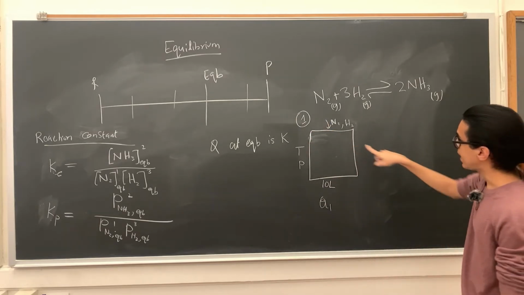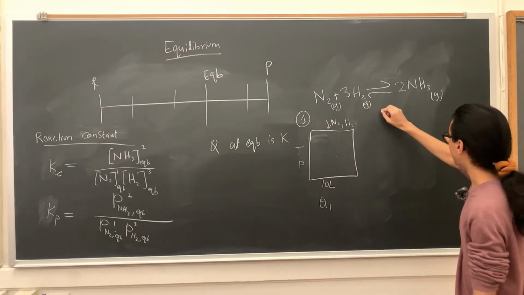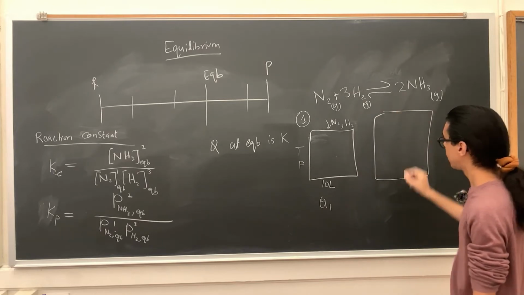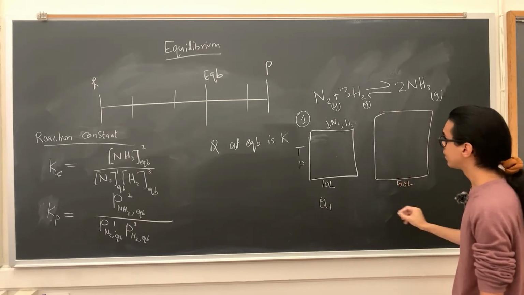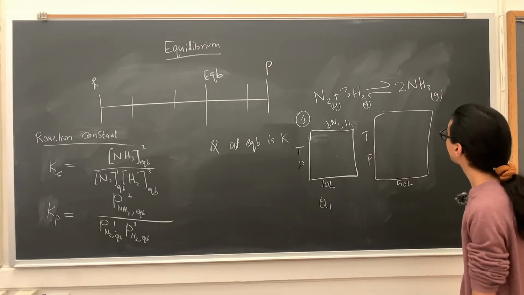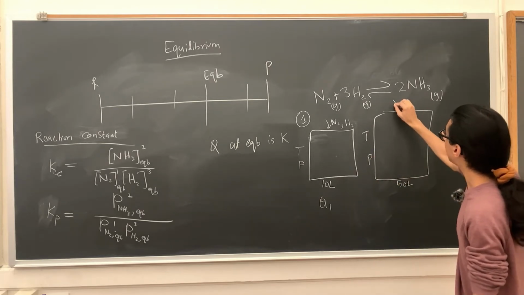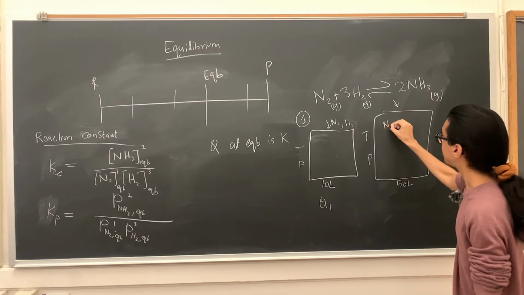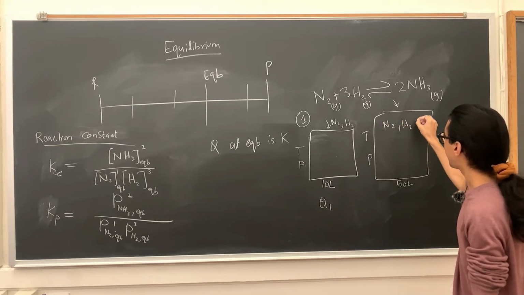Let me take the same thing, make it bigger, 50 liters, same temperature, same pressure, and fill this up with nitrogen, hydrogen, and ammonia.